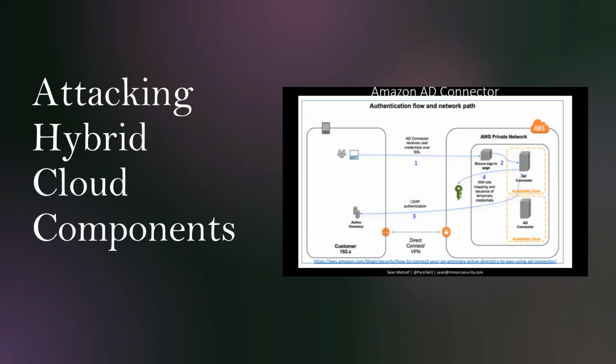Checking hybrid cloud components like the Amazon AD Connector, authentication flow, and network path. As we can see in the slide here, the AD Connector receives user credentials over SSL, through the Amazon Web Services private network, which connects to the user in part one, and connects to Active Directory here.